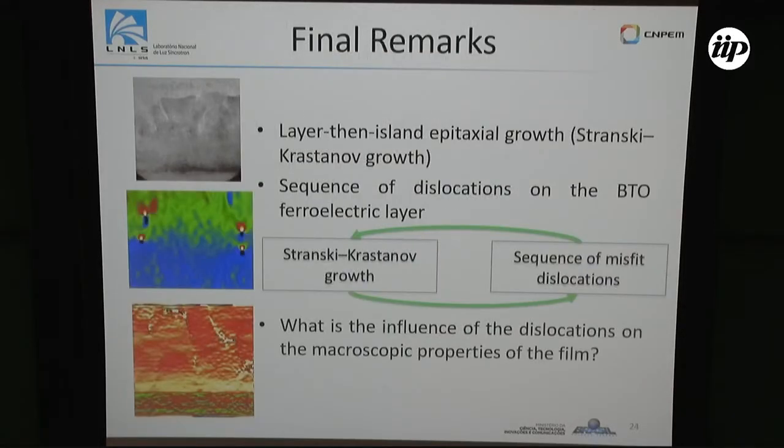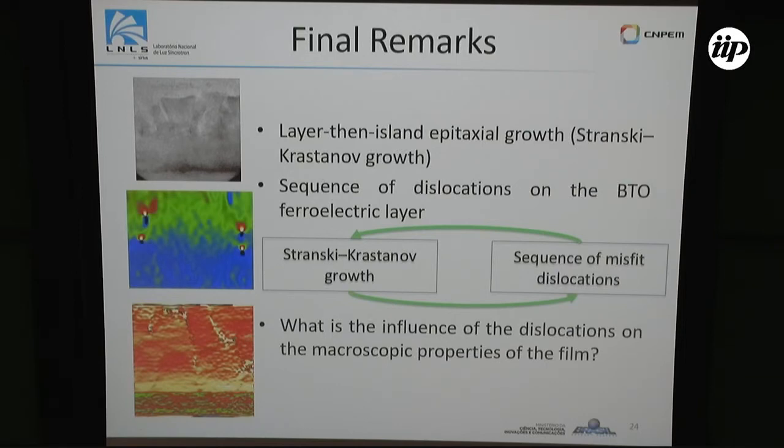So, to conclude, we observed layer-and-island epitaxial growth, and we observed a sequence of dislocations in our ferroelectric layer. This layer-and-island epitaxial growth may exist because of our defects, or maybe our defects exist because our barium titanate grows as layer-and-island.